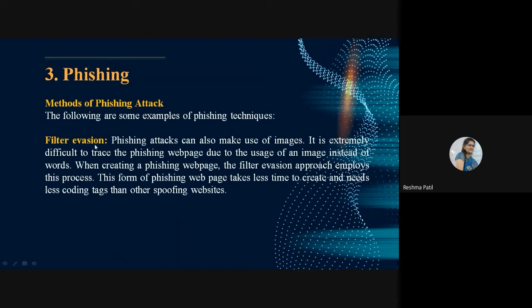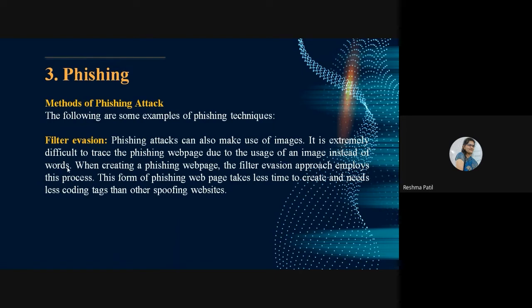Next is filter evasion. Phishing attacks can also make use of images. It is extremely difficult to trace the phishing web page due to the usage of images instead of words. Instead of writing words, they are using images of the company, and you click on this image.